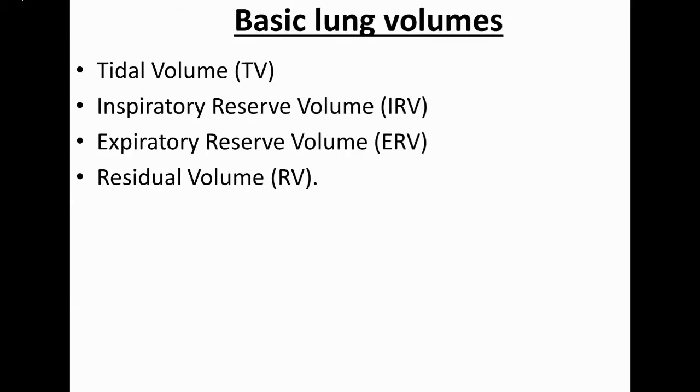So the basic lung volumes are the tidal volume, the inspiratory reserve volume, the expiratory reserve volume, and the residual volume. We will be studying each volume categorically, so you can understand the parameters of the lung function test. Okay.